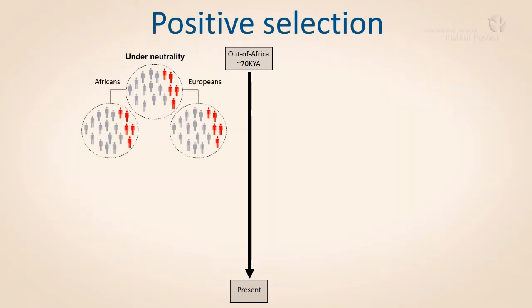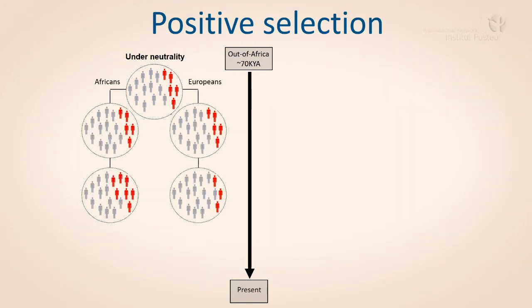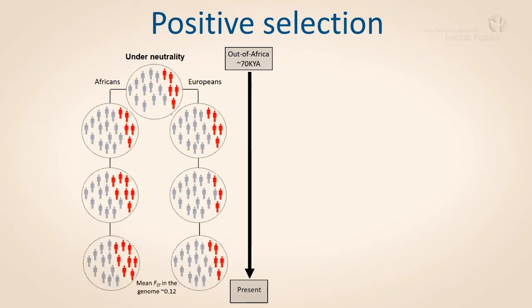So the frequency of the red allele, if we make it arrive until today, will fluctuate between Africans on the one hand and Europeans on the other hand by simple genetic drift, which means simply stochasticity. So if you take today the genomes of African individuals and European individuals, you will see that there are almost no differences in the allelic frequencies between most of the mutations of the human genome.